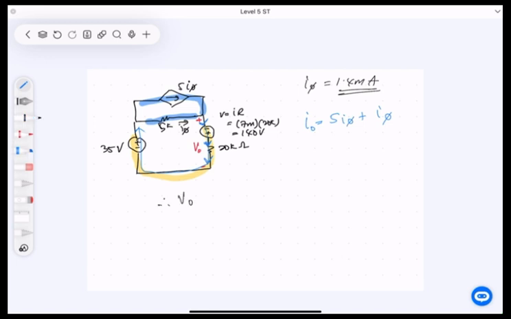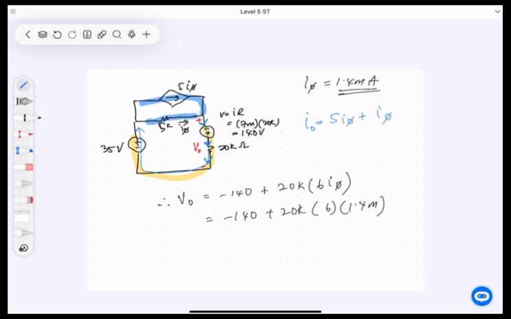So therefore, V0 is minus 140 plus 20k multiplied by 6 I5. What is 6 I5? Basically minus 140 plus 20k times 6, my I5 is 1.4 milli.